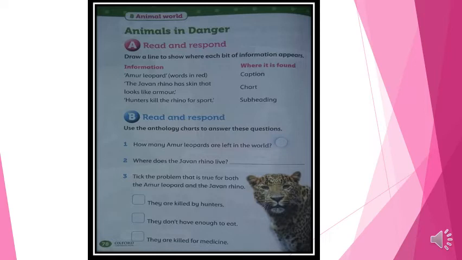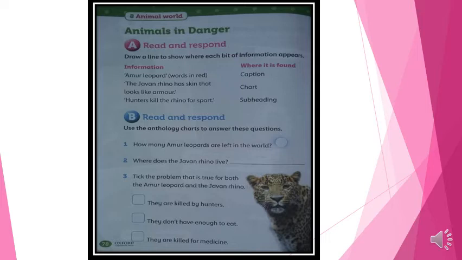So where this information appears, armor leopard, words in red, it appears in the caption, in the chart or in the subheading. You are going to match it with the proper one. The Javan rhino has skin that looks like armor. So is it a caption, a chart or a subheading? Hunters kill the rhino for sport. So where it appears, you are going to match with the correct one.